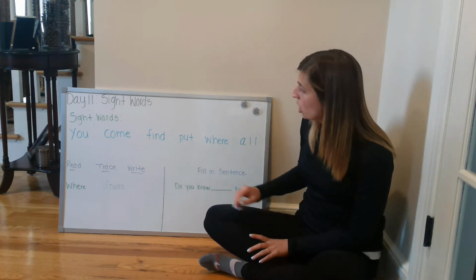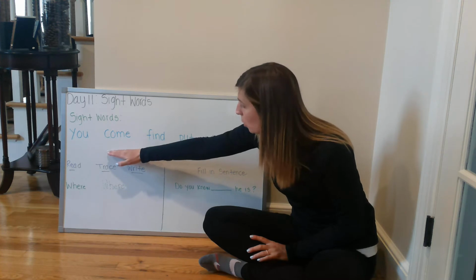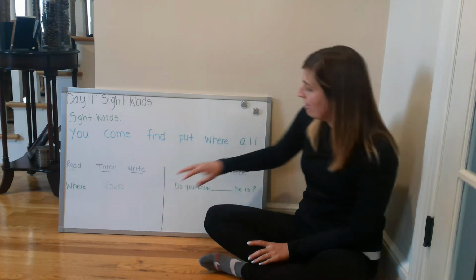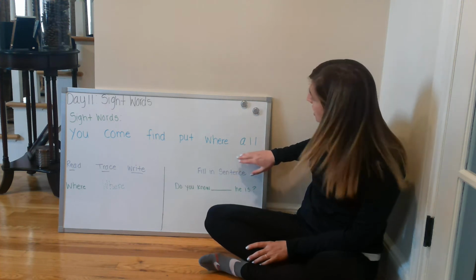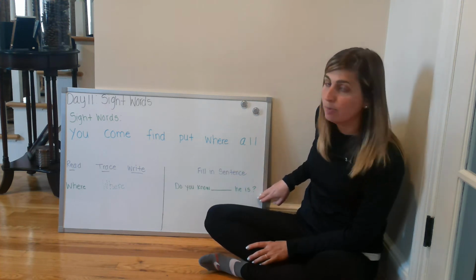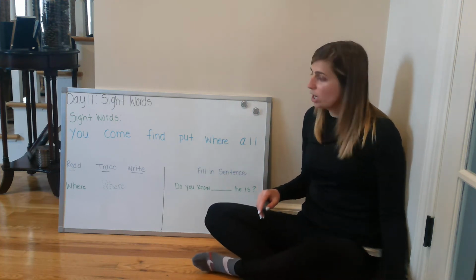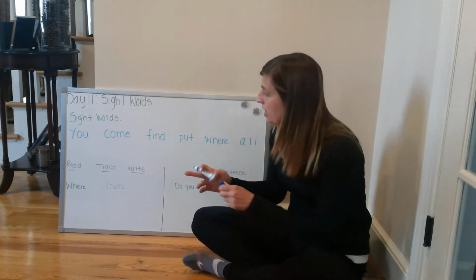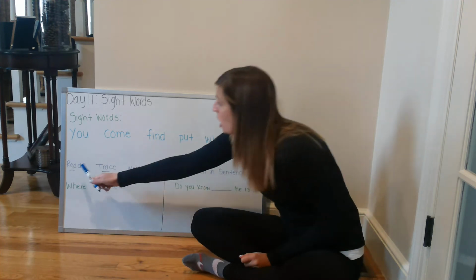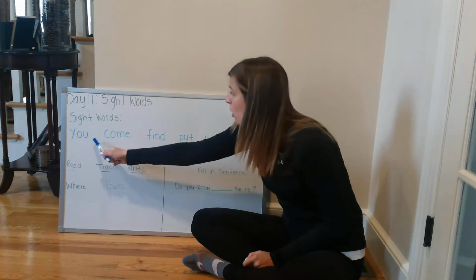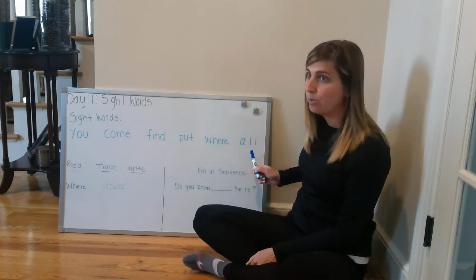I broke up your worksheet. On one side, you're going to see something very similar to this example. On the back side, you're going to see something very similar to this other one. On the first part, you're going to see 3 categories: a read, a trace, and a write, with these 6 sight words there.